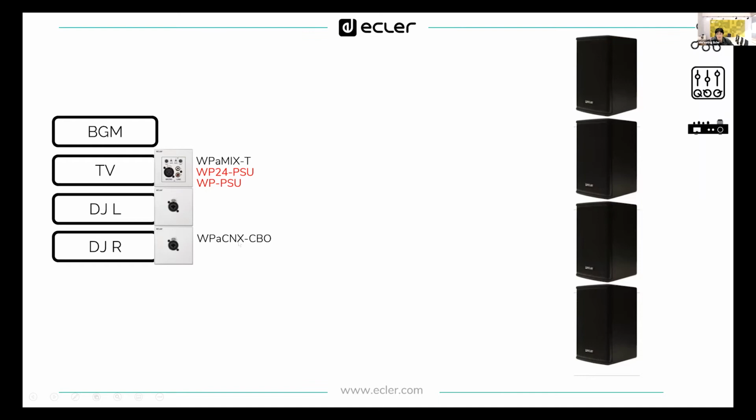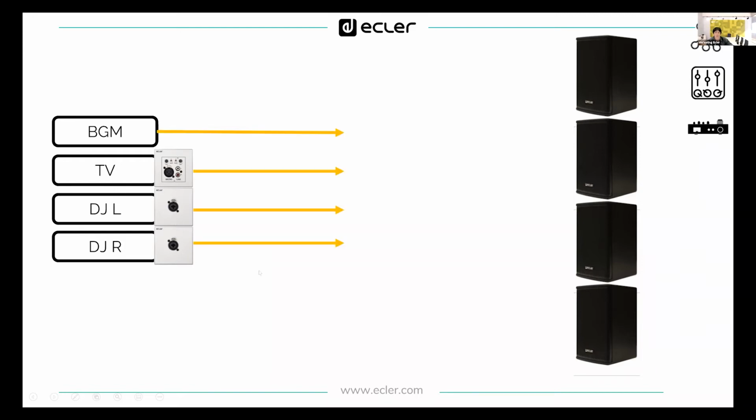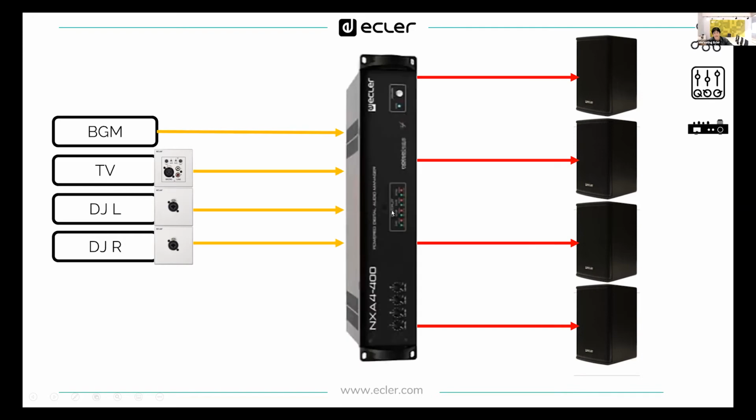This stands for XLR connector combo, okay? So you will have two, left and right. Okay, so we connect all these into the NXA, and we connect the NXA to these loudspeakers. NXA are only available in low impedance. You do not have high impedance outputs. So we can only use it at low impedance with low impedance loudspeakers.